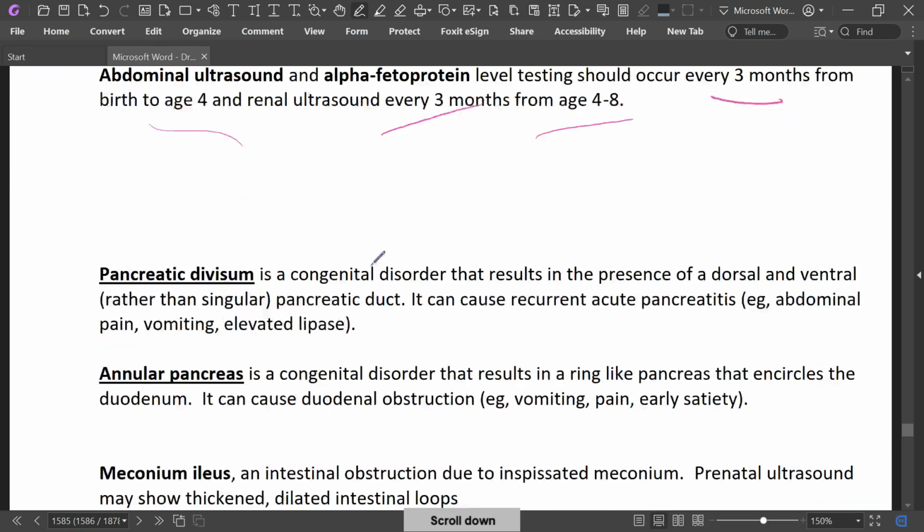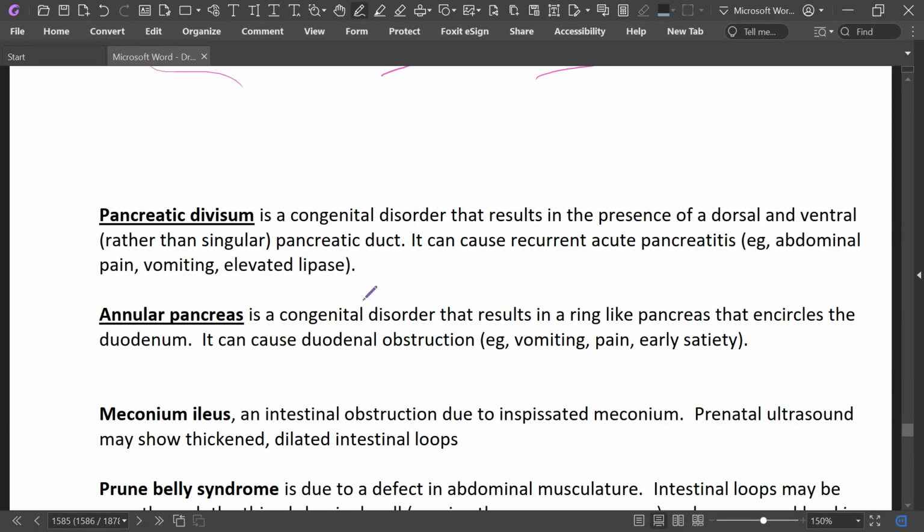Pancreatic divisum. This is a congenital disorder in which the dorsal and ventral pancreatic ducts fail to fuse; they remain separate when they should be combined.